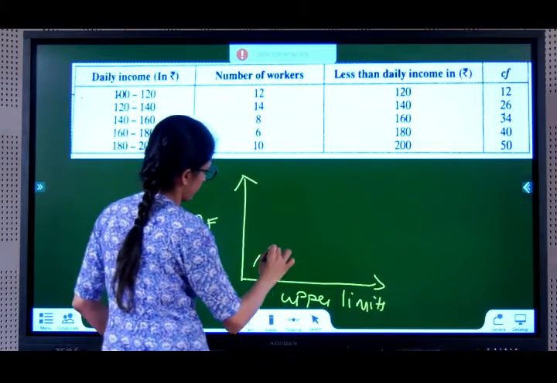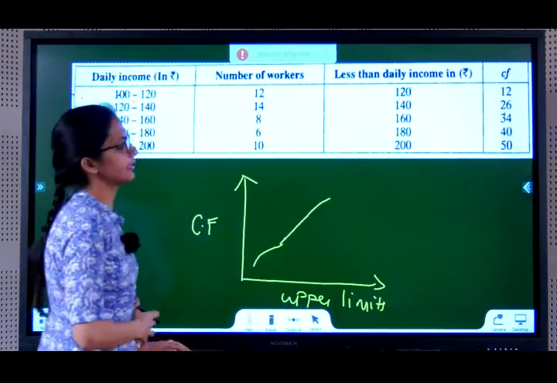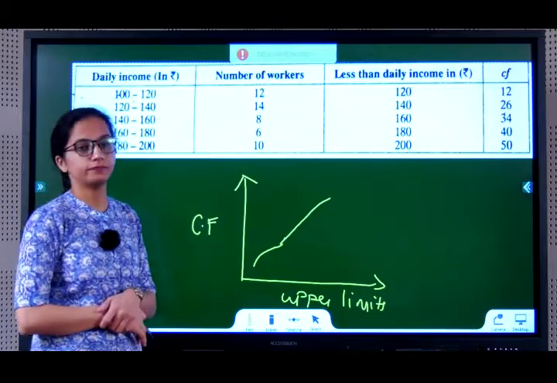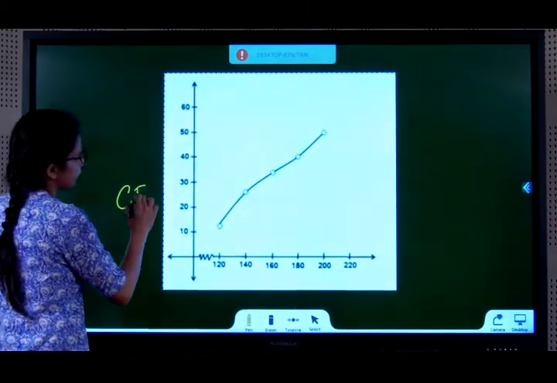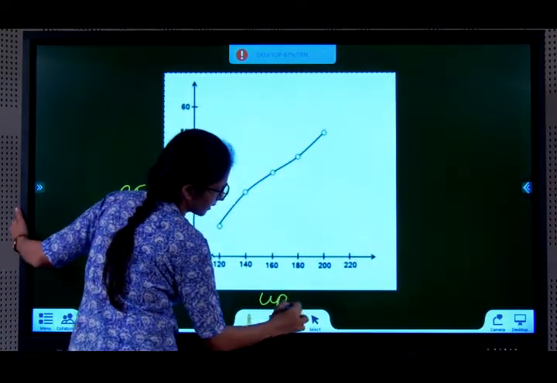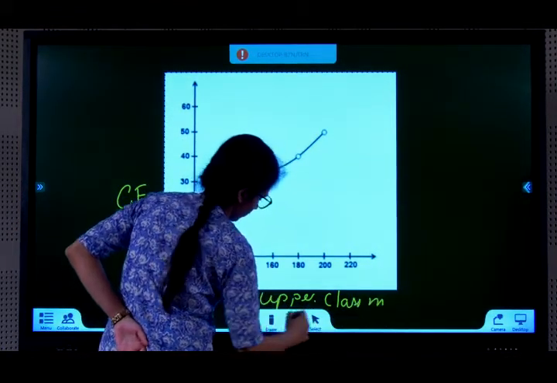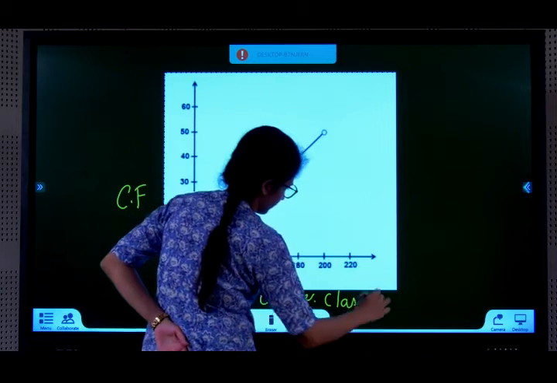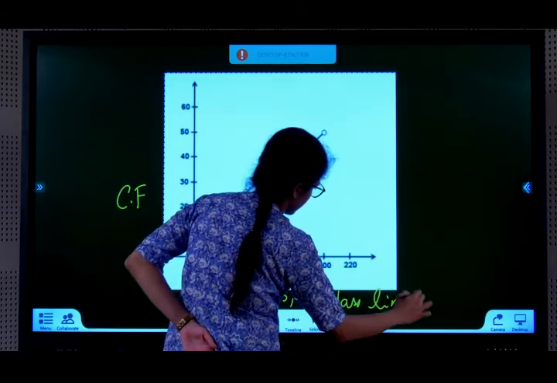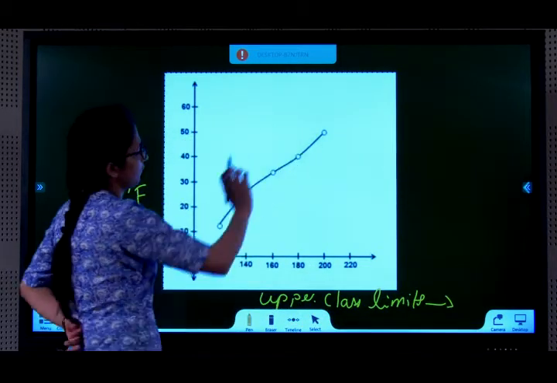It should look something like this. Plot it, it will match. You have to write down what you have taken on the x-axis and what you have taken on the y-axis. So on plotting this graph, we get this.